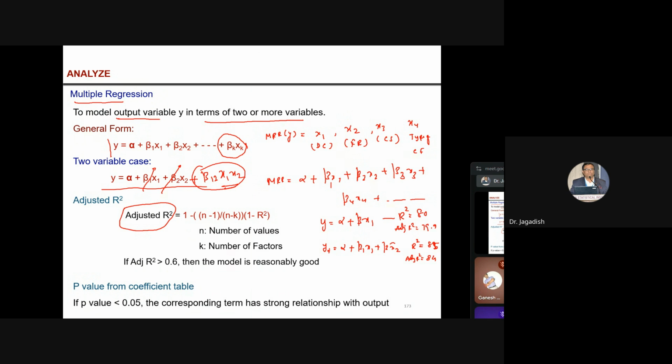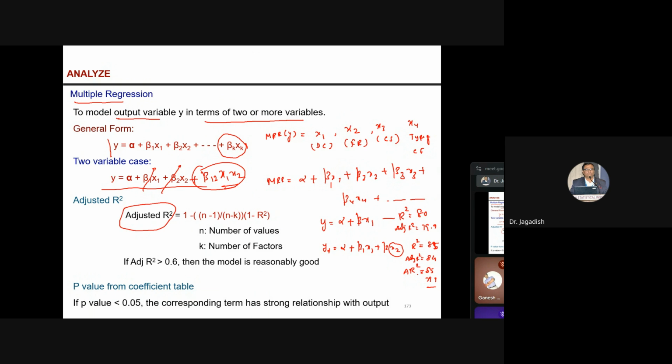But if that parameter is not an important factor, then adjusted R square will be very little changed, meaning it is not significant, maybe only 79.9. It will not be increasing or decreasing. That is an indication of whether the variable you are adding into the model has any effect or not.